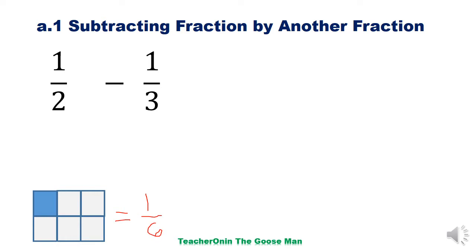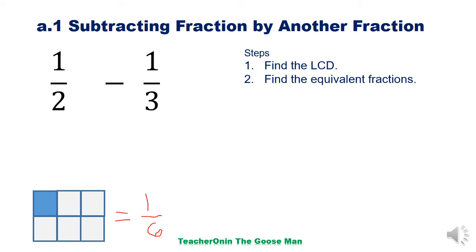Alright. So, to summarize our steps in subtracting fraction by another fraction, what we have done actually is we find the LCD or the least common denominator. Then we find the equivalent fractions. Then we subtract. So again, if we will have 1/2 minus 1/3, meaning to say we will get the LCD of 2 and 3.